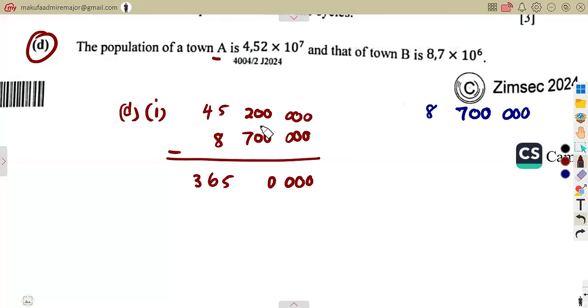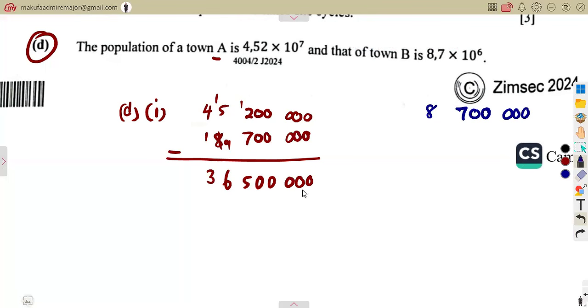So you're going to have a 0 here. A 5 is here. It's going to be 5. Then we give this 9, that's 1, 1 here. All right, so 15 minus 9 is 6, and that is 3. So meaning to say I've got 36,500,000.